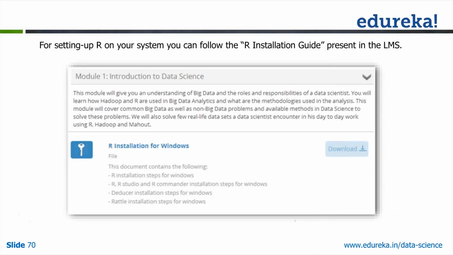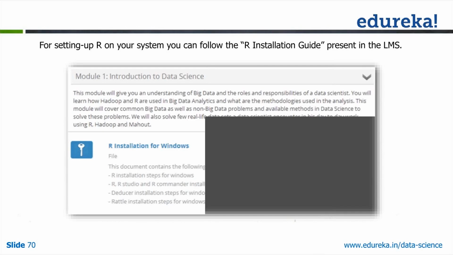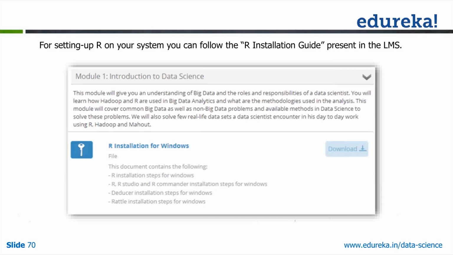Okay, and yeah, in the LMS, as we saw before, there are tools or the necessary information that is available to install R on your machine. Okay, actually, before tomorrow's class, it would be very nice if you can look at module 1.